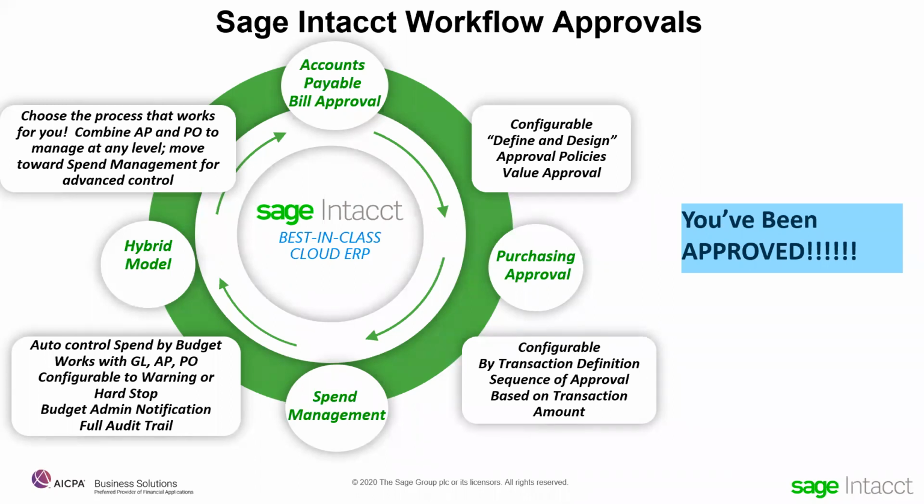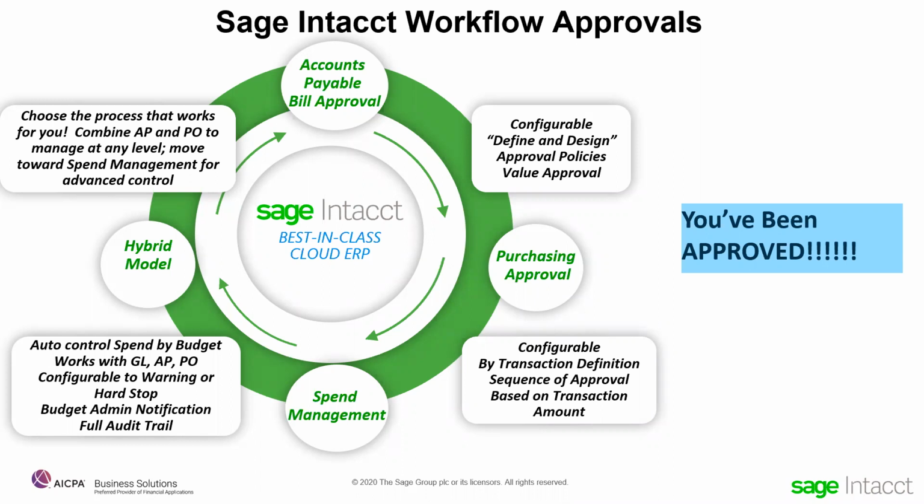On top of that, there is another bullet, which is spend management. And spend management is a more defined and prescriptive way for you to control that spend. And that application works in both accounts payable and it works in purchasing.